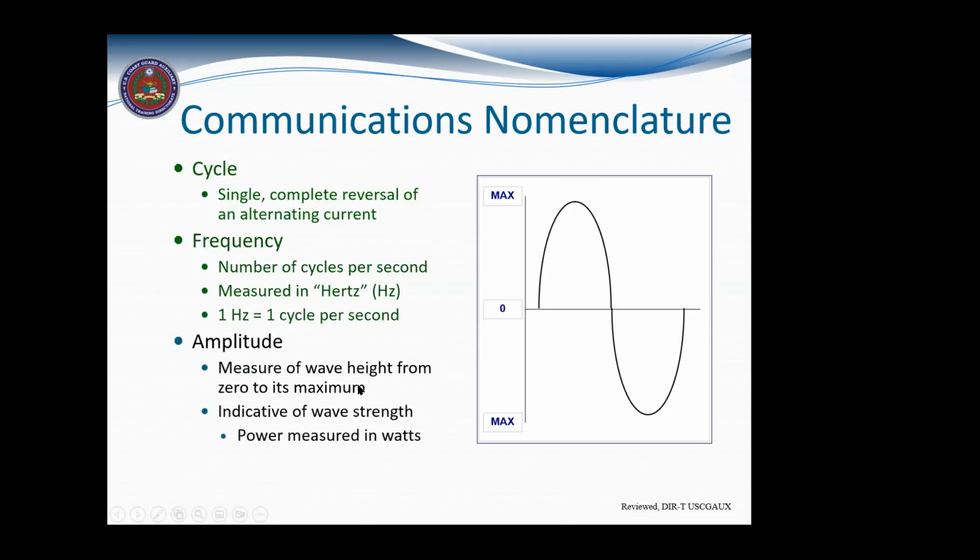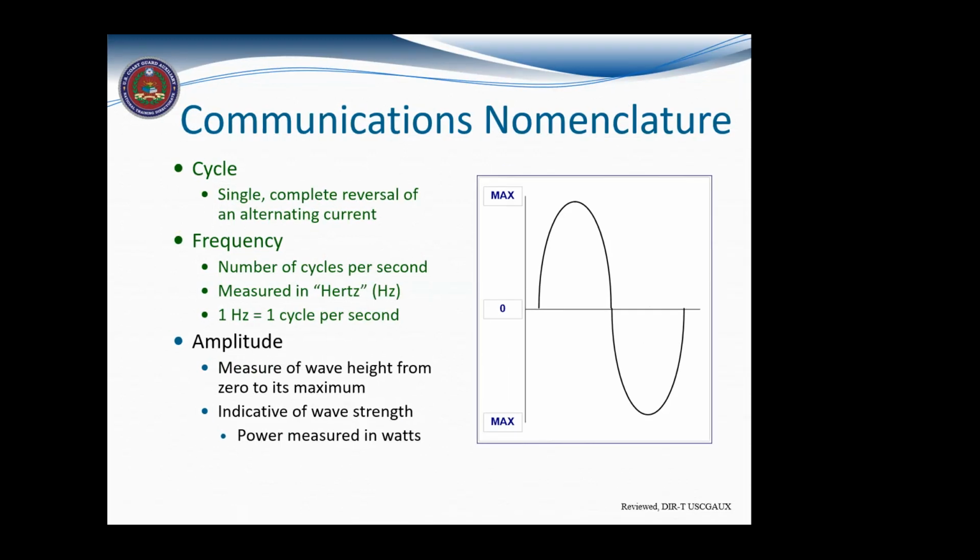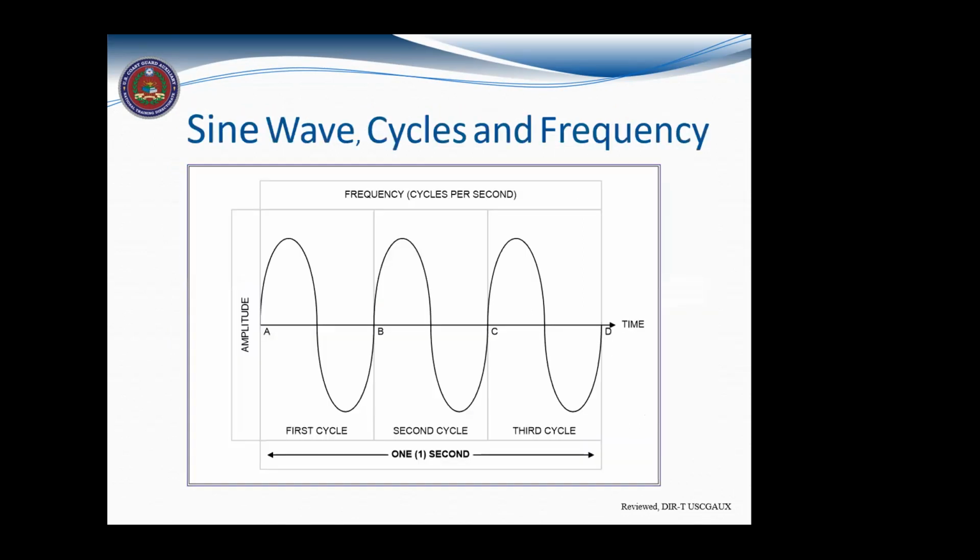The measure of the wave height from 0 to its maximum strength will be measured in watts. We won't have much use for that other than to know the maximum that's available on various radio services. And most of that will be covered by the radio manufacturers. When a wave is transmitted, you'll see a continuous series of cycles.